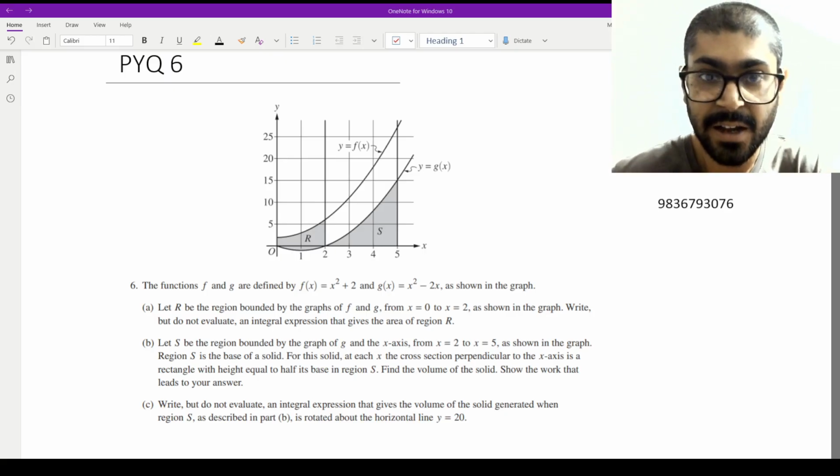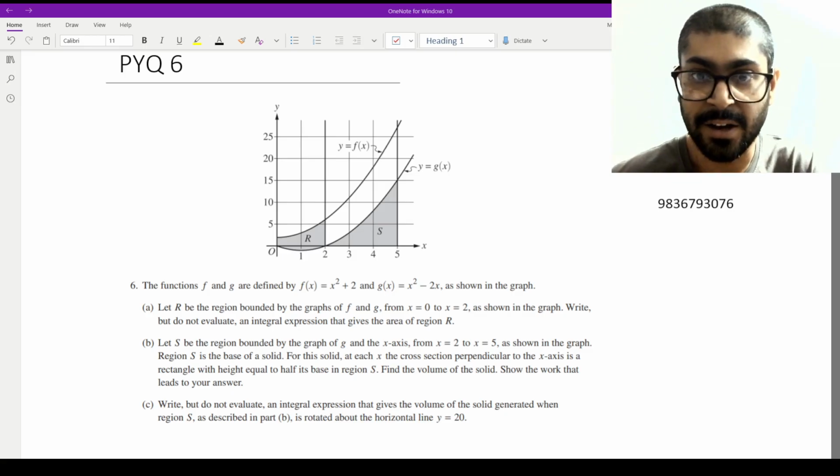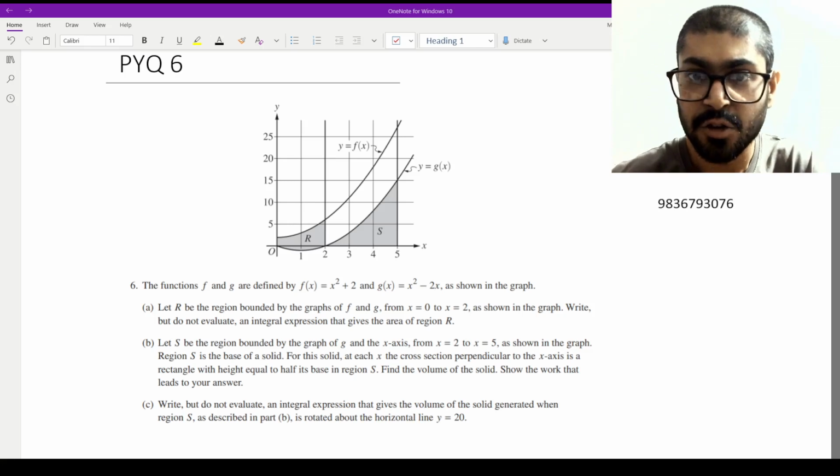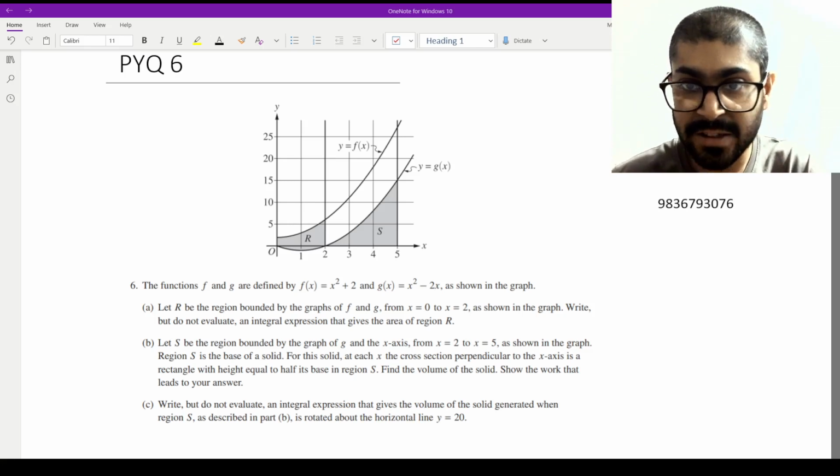The first part says, let R be the region bounded by the graphs of f and g, from x equal to 0 to x equal to 2.